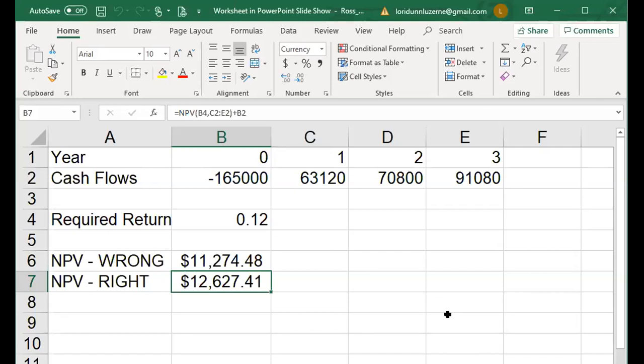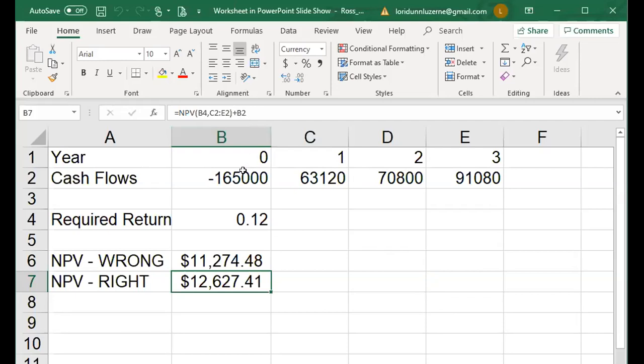The first amount you will put in there is the required return, B4. Then you're going to show your cash inflows. Indicate the cells, C2 to E2. So that row of cells shows us the amounts that are in the future.